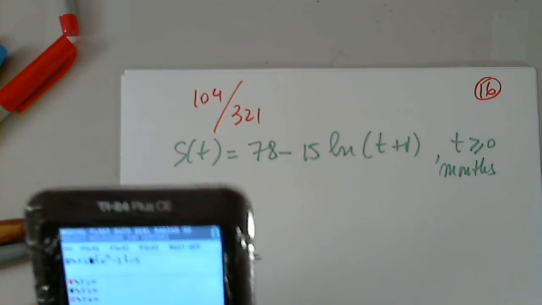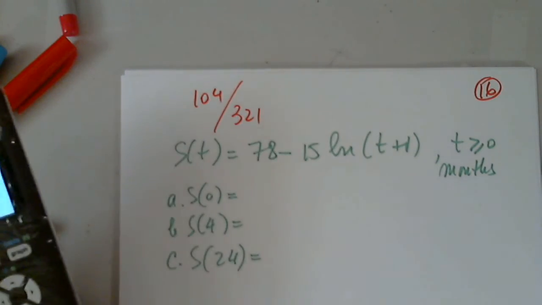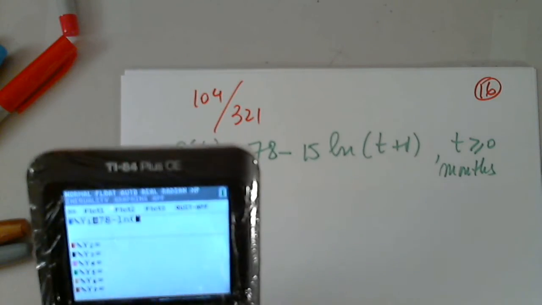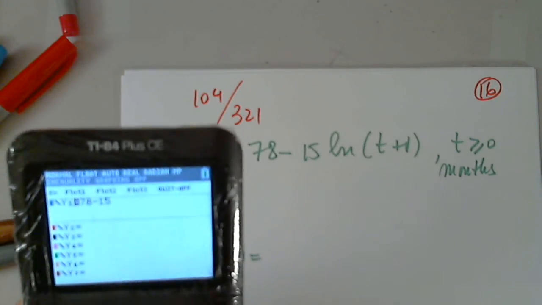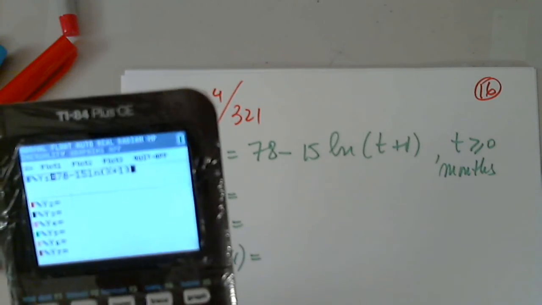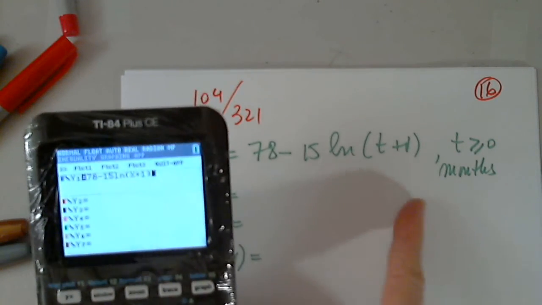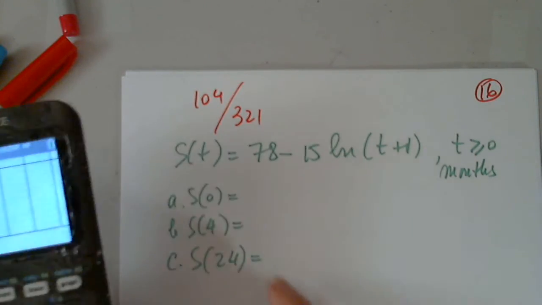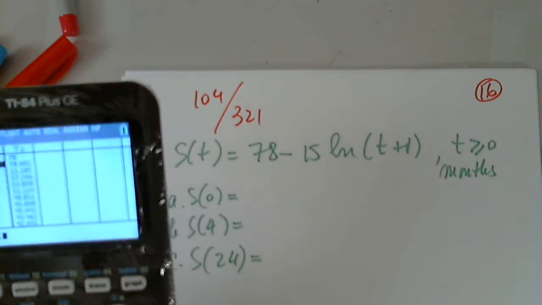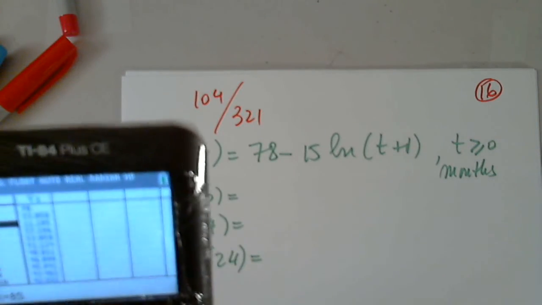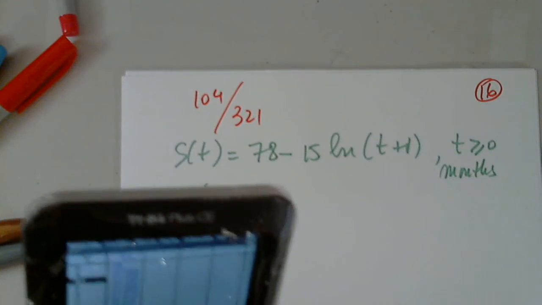Let's put the function in y equals. Clear if you have anything else. 78 minus 15 natural log of x plus 1, close the parenthesis. Go to second and table and plug in 0, plug in 4, and plug in 24.